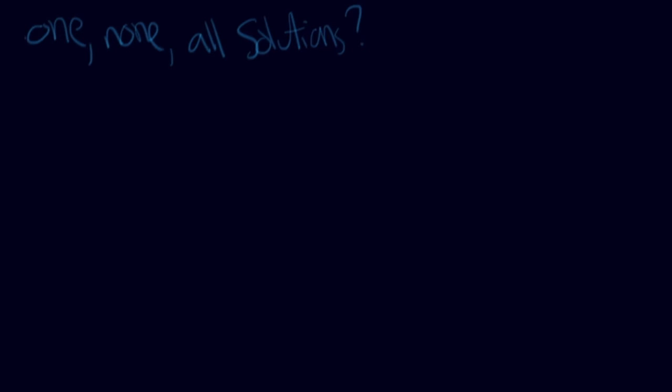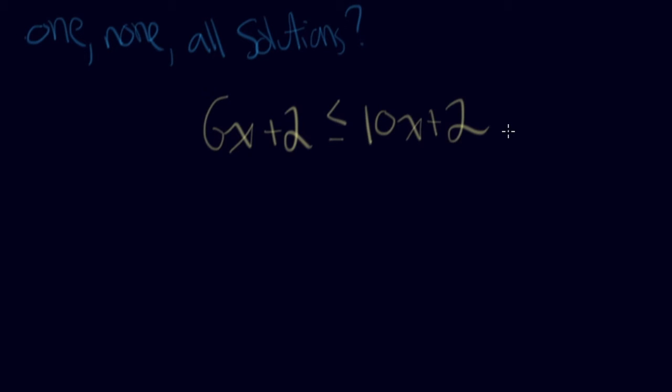And here we go. 6x plus 2 is going to be less than or equal to 10x plus 2. And if we go and we do this question, what's going to happen?